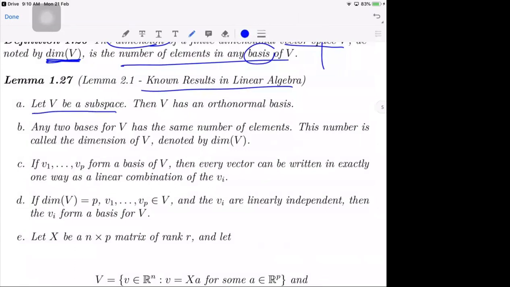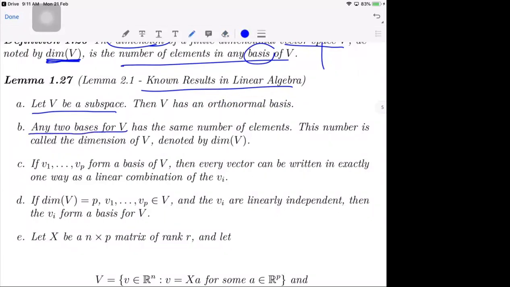So in all of these, you have a subspace V, and V will always have an orthonormal basis for itself. So what is an orthonormal basis? First, you have a basis, and then that set of vectors in that basis will be orthonormal: the inner product with other vectors is equal to 0, and normal, the inner product with itself is equal to 1.